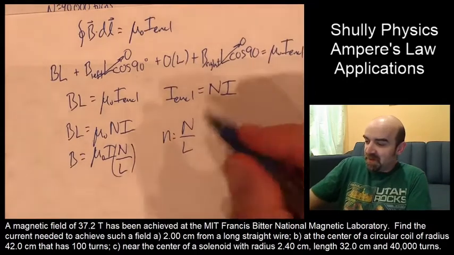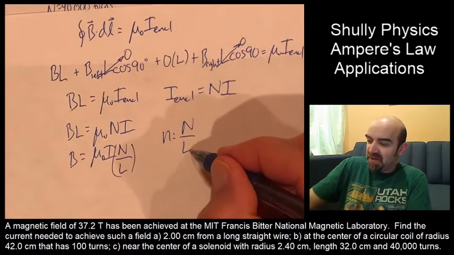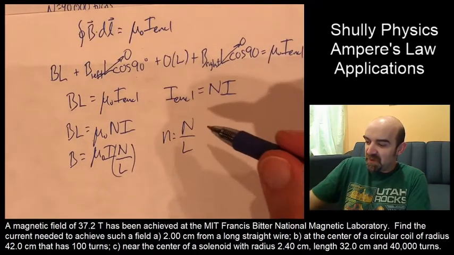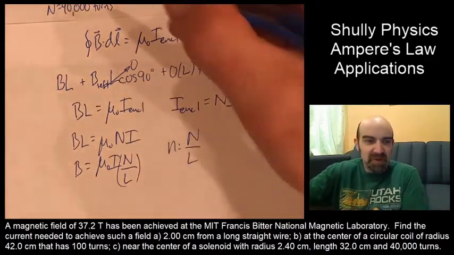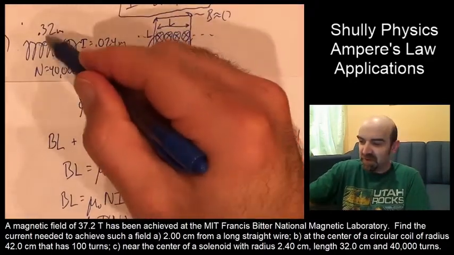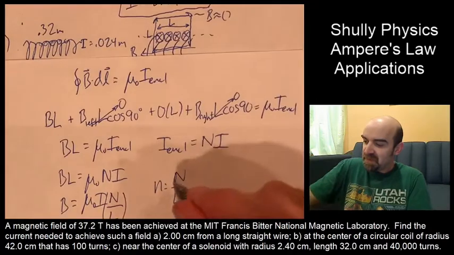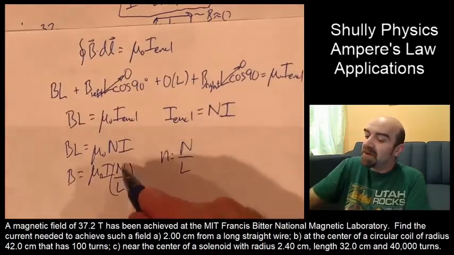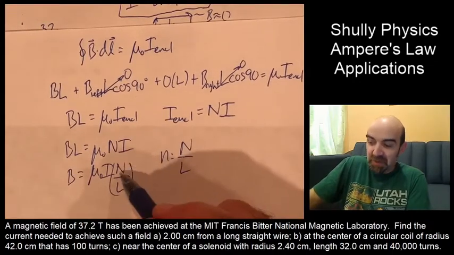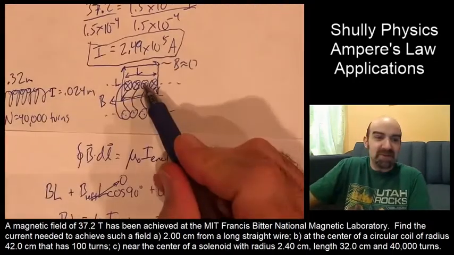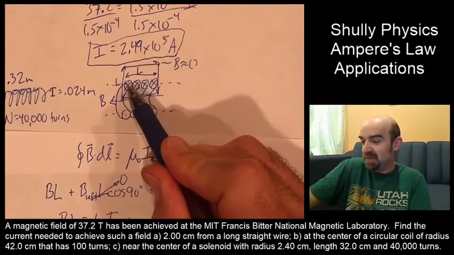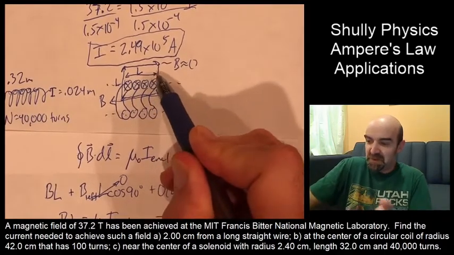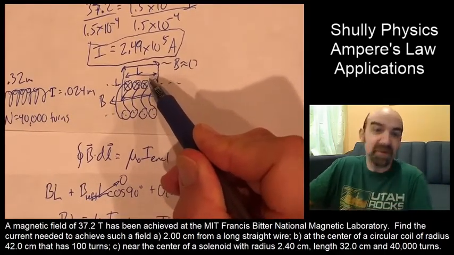Okay. So this n divided by L will be our number of turns divided by 0.32, but that's the n number of turns per unit length, and that ratio is going to be whatever my arbitrary small little segment here, number of turns. This might be 4 turns for a millimeter or so.